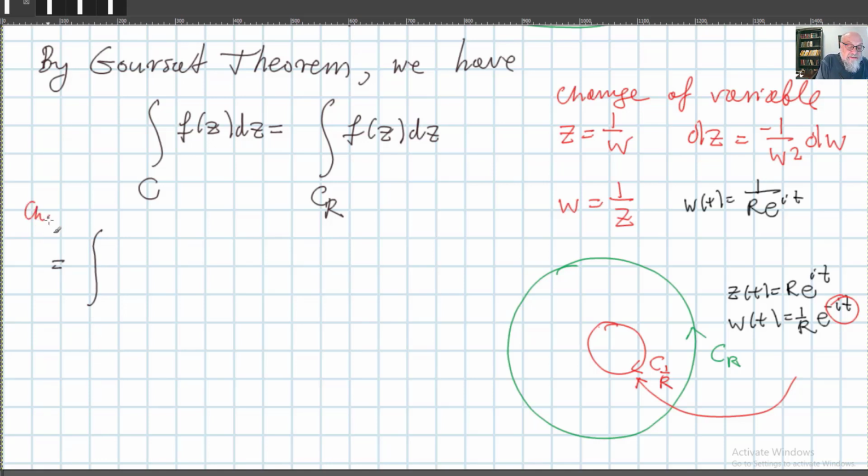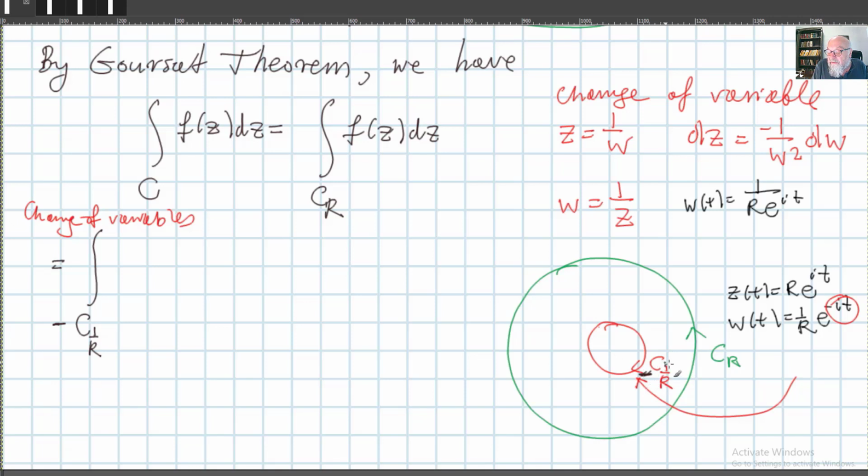So this is change of variables, and I'm having here the integral over C1/R. But notice that must be minus, because this is the opposite orientation. The orientation is changed. This is minus, so I write it down.